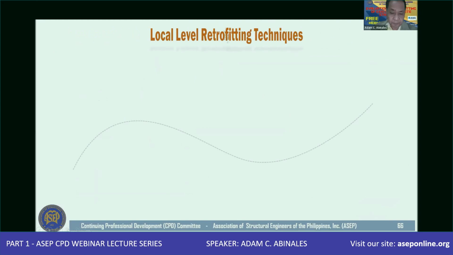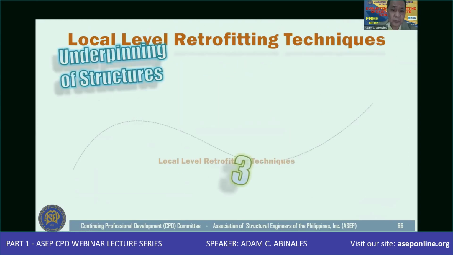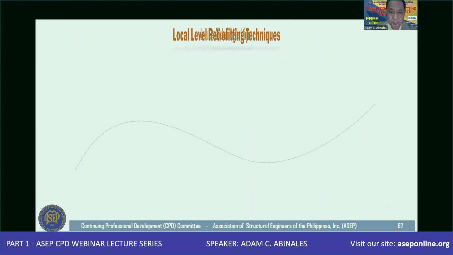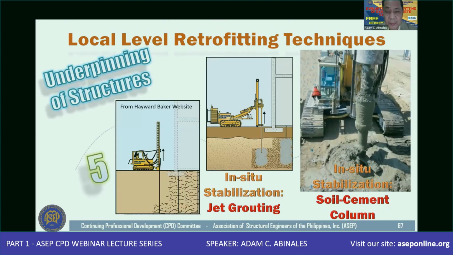Or you do the chemical injection using polymers. Or in number 4, you can do micropiling, or micropiles, the use of micropiles. And then in number 5, you do some soil or in situ stabilization.